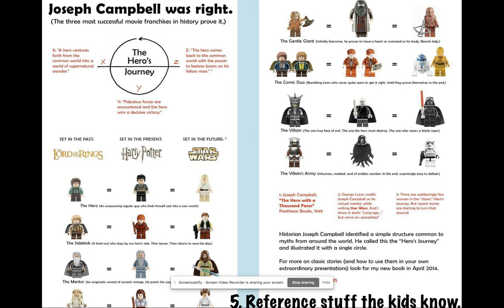You don't get much more common, pervasive visual culture than that. So you can see how the hero's journey is set up in multiple narratives, and we get to compare and contrast. This is a visual that really uses what kids know to help them see something and reframe something in a different way.